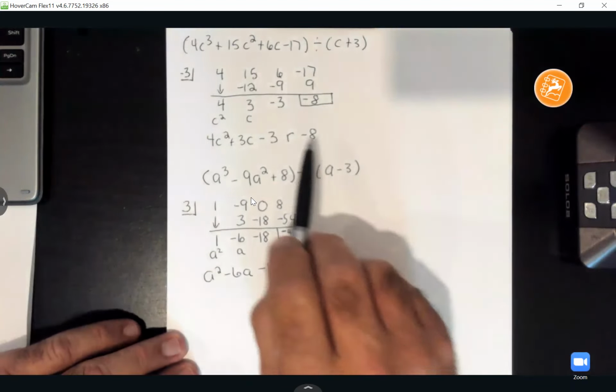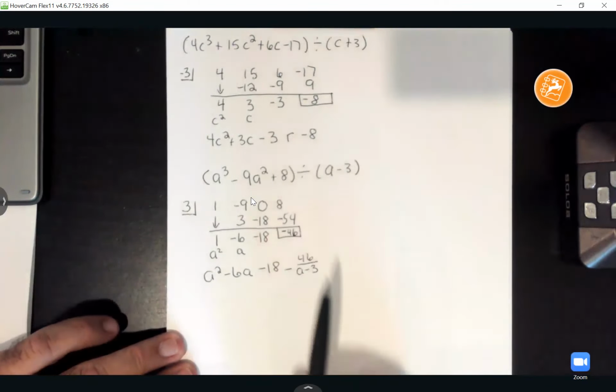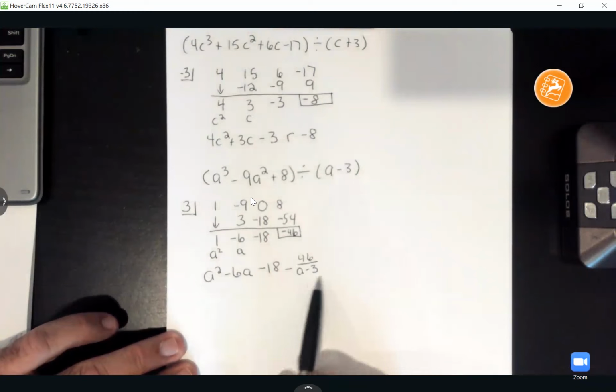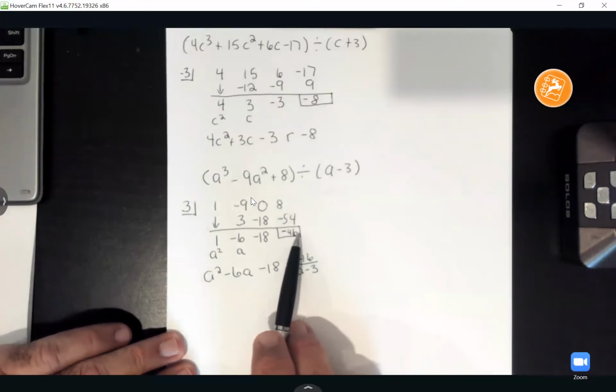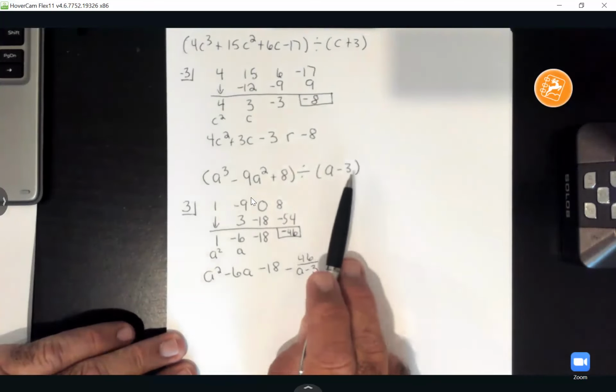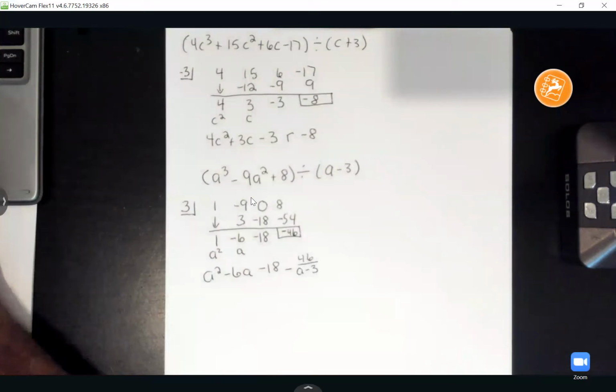So sometimes they just have you write the remainder, and then sometimes they want you to write it as a fraction, okay? So remember, whatever you get for the remainder on this third one, put it over what you divided by.